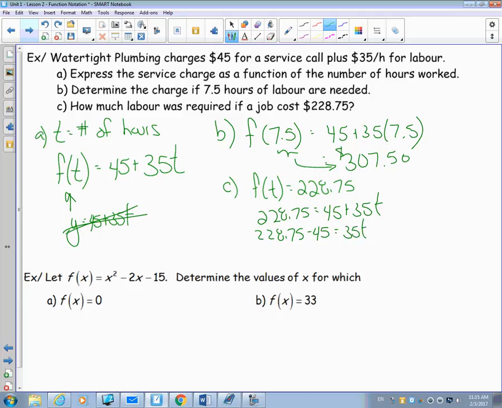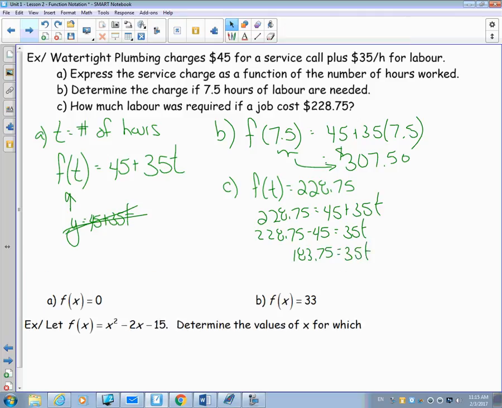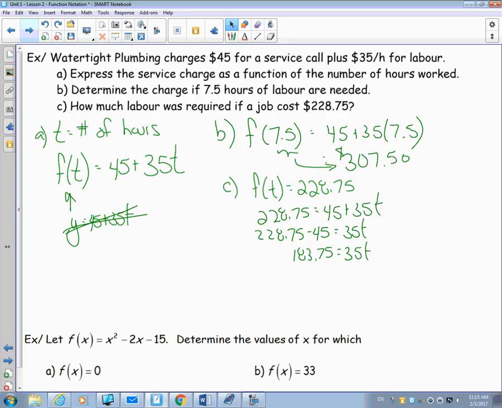We'll subtract, and we'll get 183.75. That's 35t. Let's move this question all the way down here. And t, 183.75 divided by 35 comes out to 5.25. Okay, so it took 5.25 hours to accumulate a cost of $228.75.